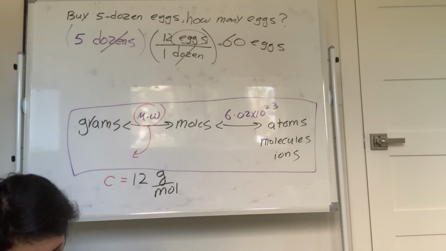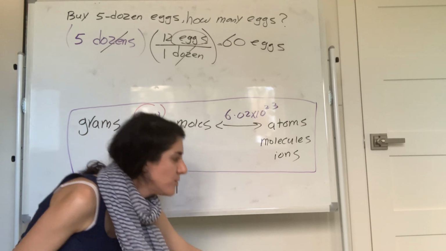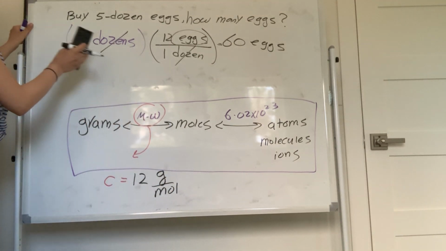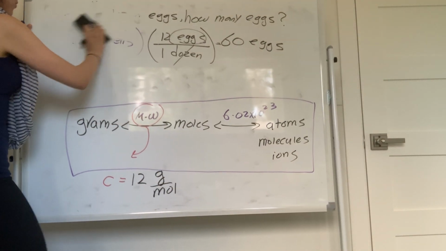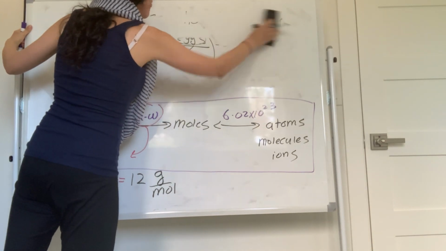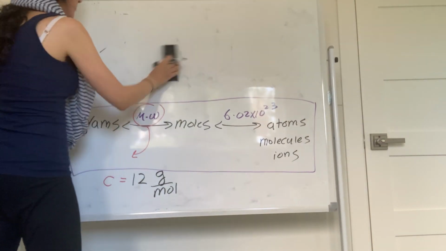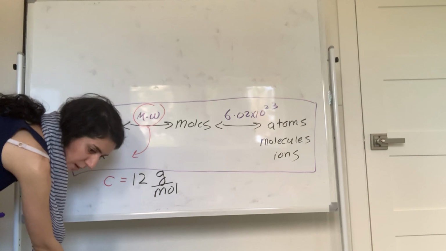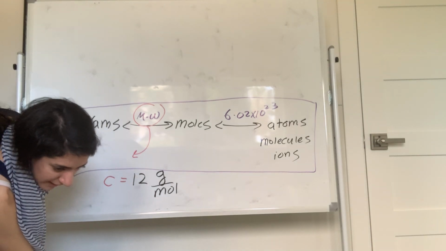Now, the next question that we're going to do, let's do this in chemistry terms. That was in terms of grocery shopping. Now let's put it in a chemistry term.